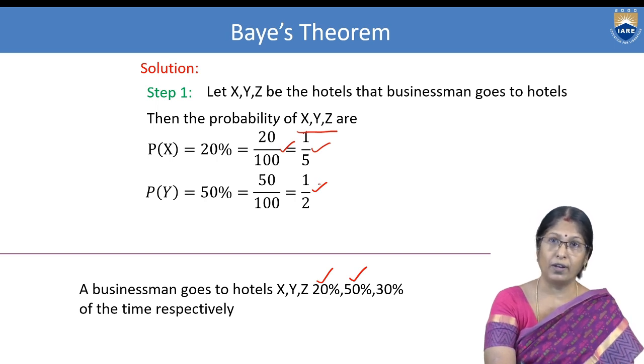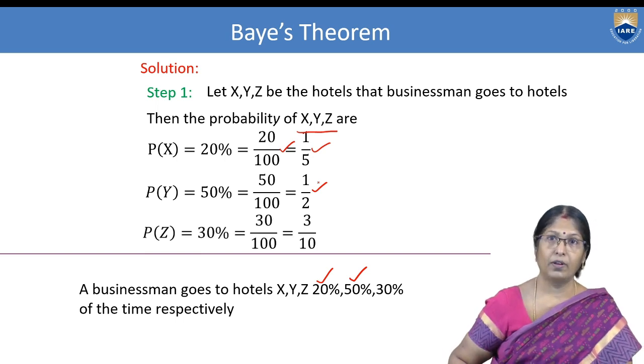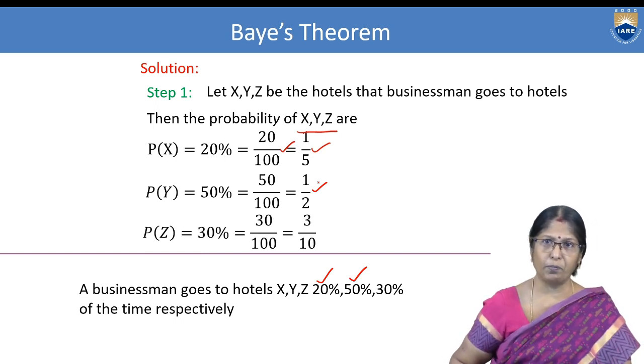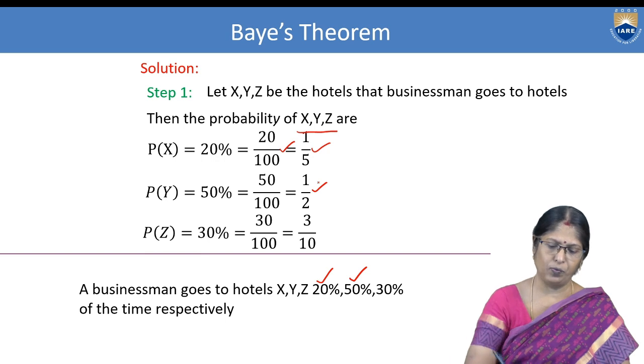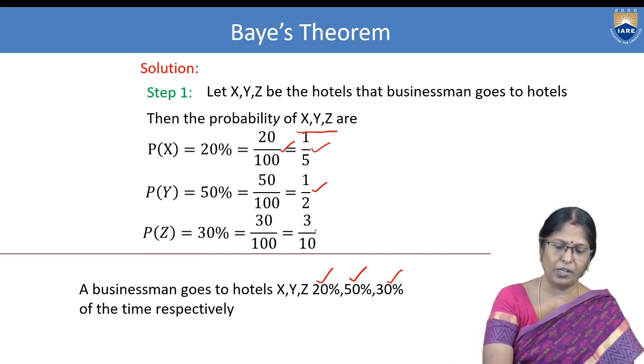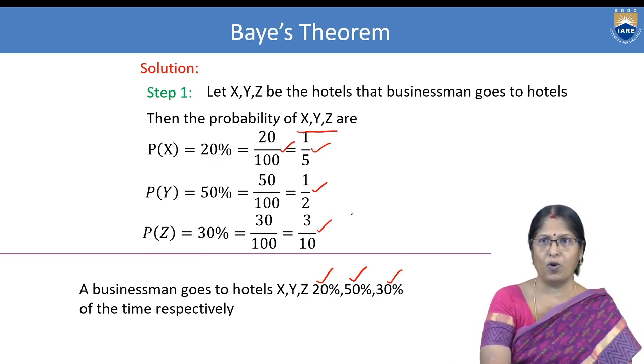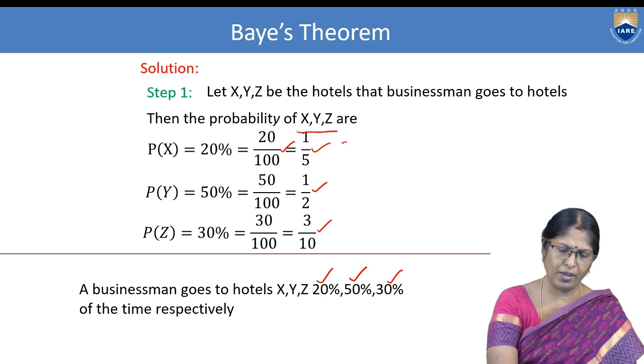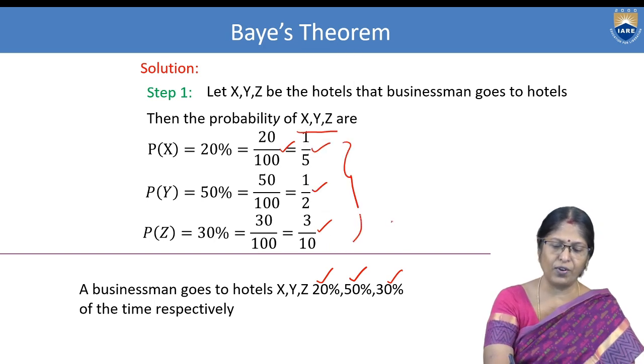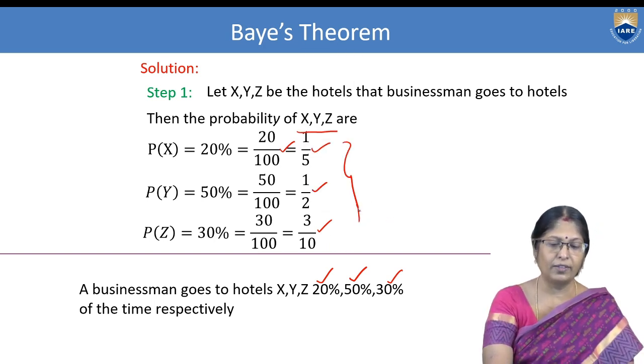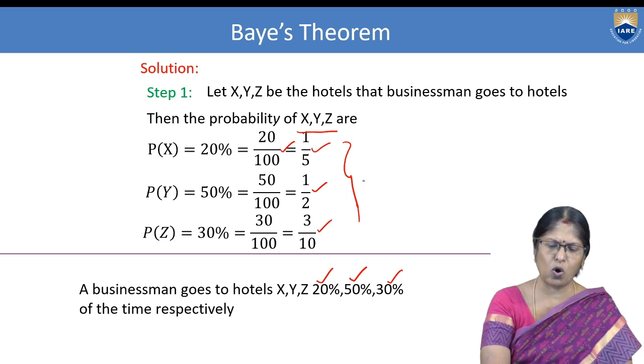The last one is P of Z. P of Z is nothing but 30%, which is given here. So 30 by 100, in the lowest fraction form, we brought it to 3 by 10.